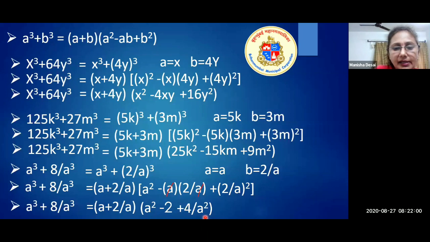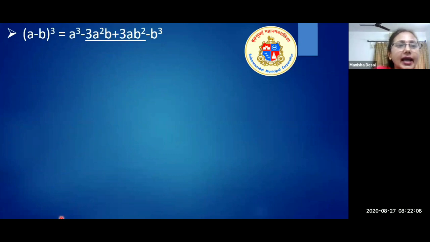Now let's see another identity that we have learned, that is a minus b the whole cube is equal to a cube minus 3a square b plus 3ab square minus b cube.